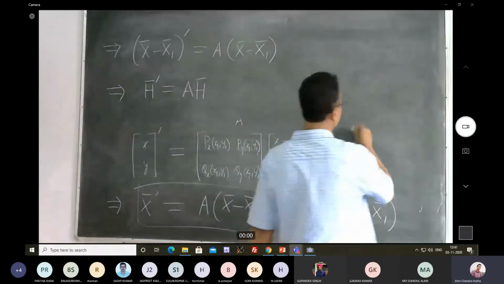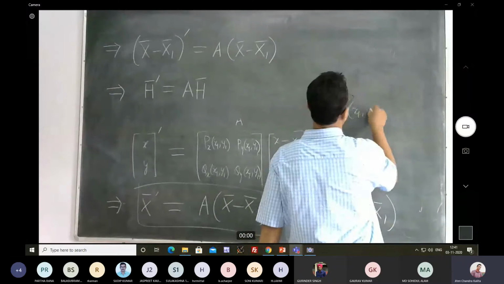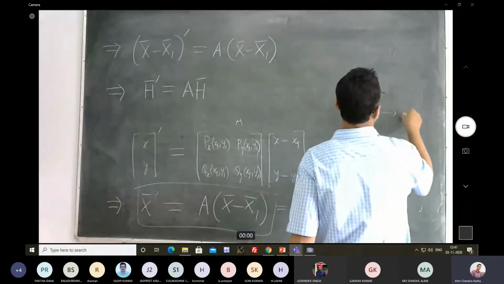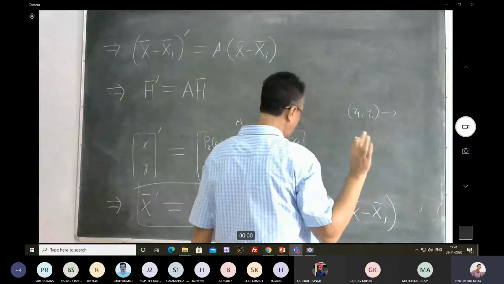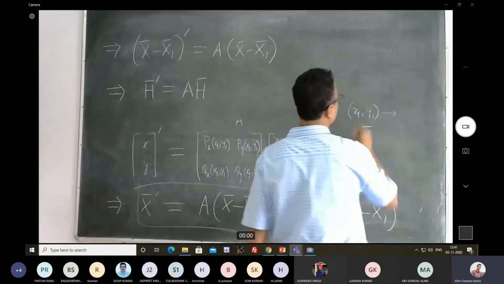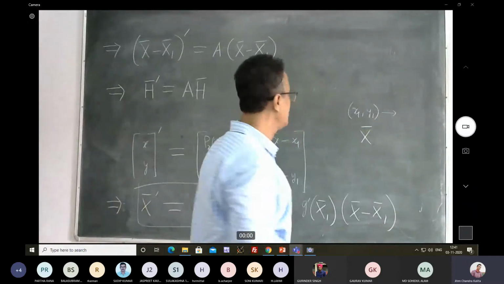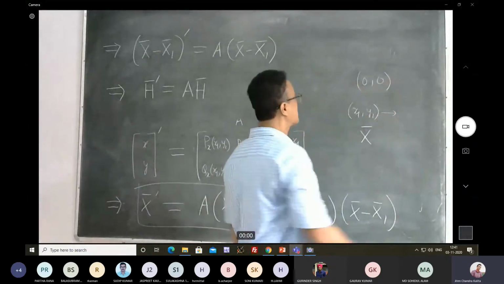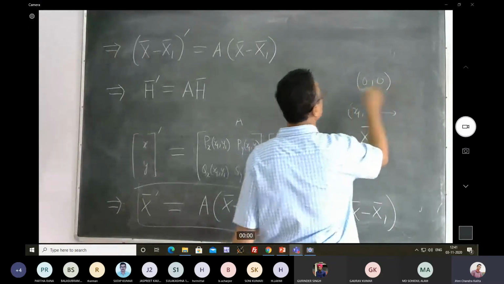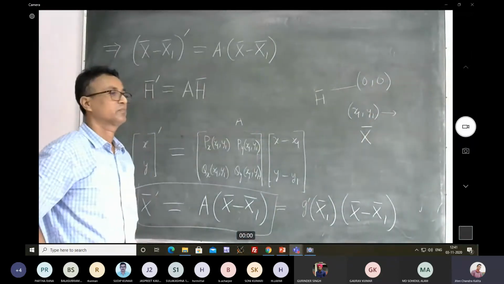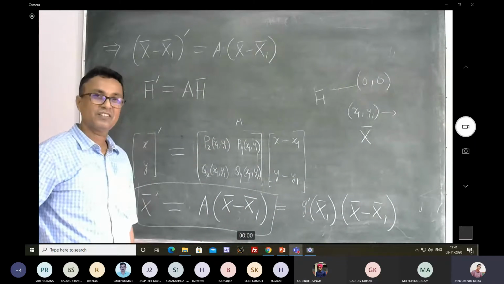So now what is happening here? Your x1, y1 being a critical point corresponding to the vector x bar is equivalent to 0, 0 being a critical point corresponding to the vector h bar, isn't it? Right?